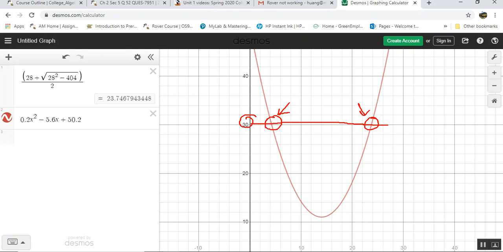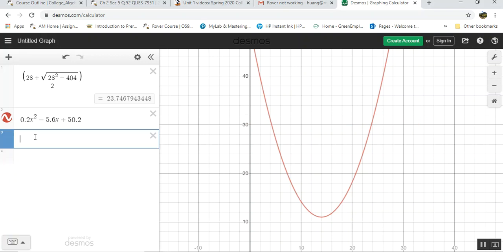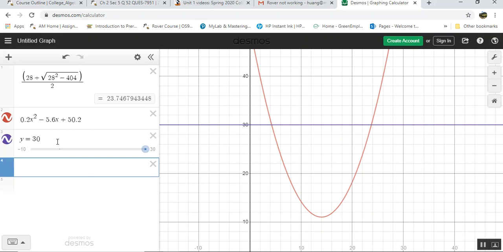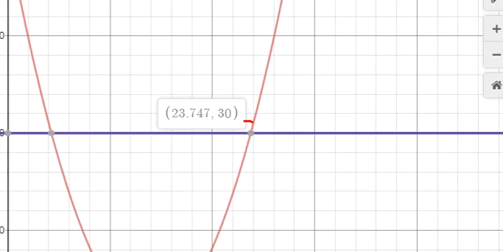How can you use technology to find those two intersections? If you remember a horizontal line, this is my horizontal line, right? The equation for the horizontal line is y equals 30 in this case. So I'm going to type that in: y equals 30, and let's return. Now you see this point on the right side, 23.747.